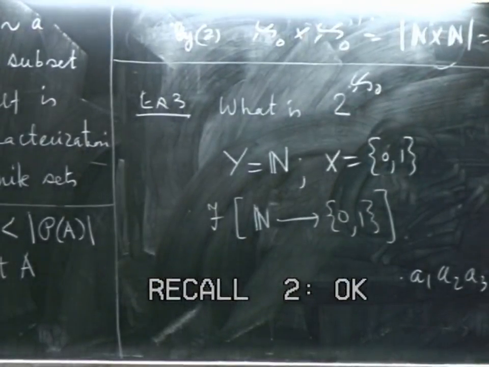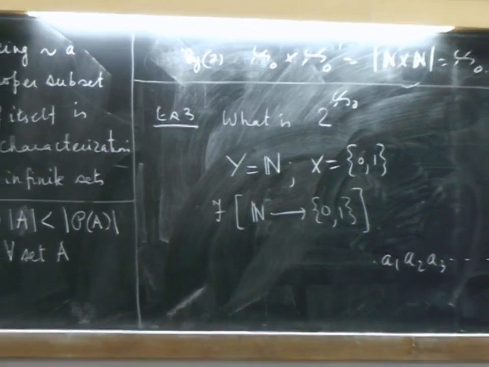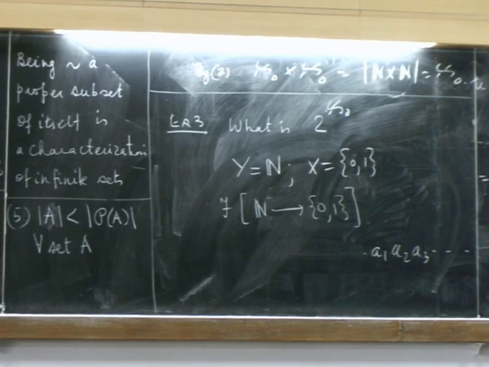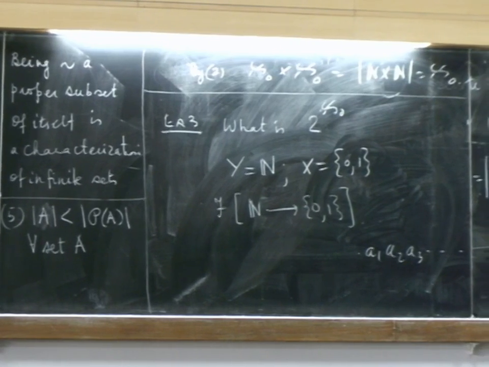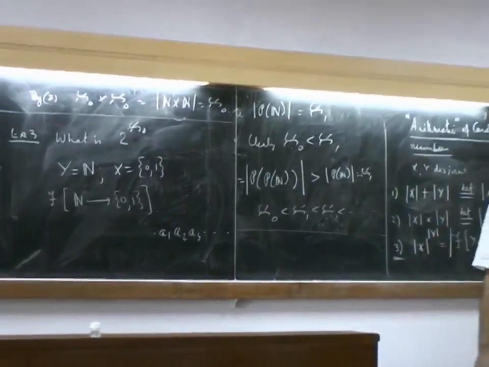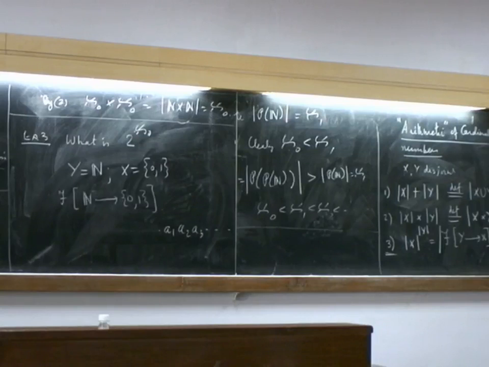In fact, they are exactly the same size. But the real numbers between 0 and 1 are the same size as the real numbers R. So 2 to the Aleph naught is the same size as R.